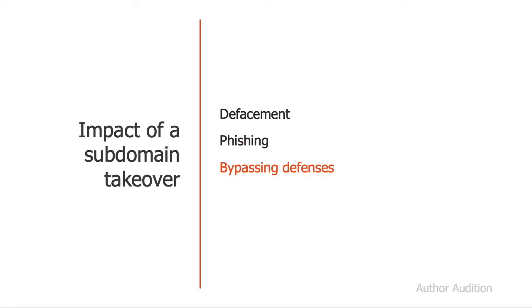The attacker may also abuse the trust that other web assets place in the vulnerable subdomain, with a view to bypassing defenses against cross-site scripting, clickjacking, and cross-site request forgery. Finally, consider a situation in which the attacker is able to log all requests received by the vulnerable subdomain.